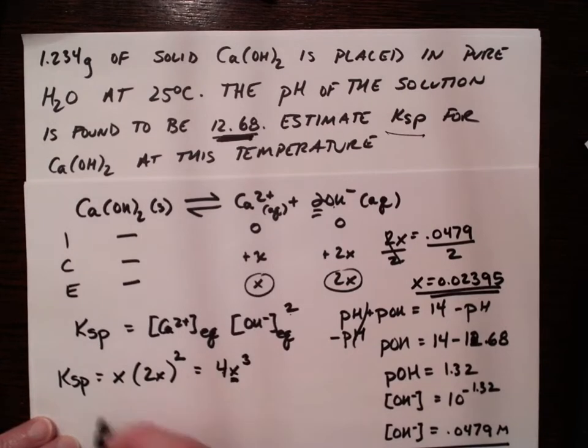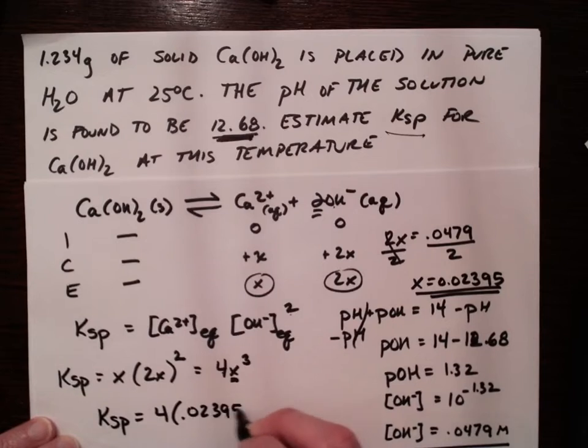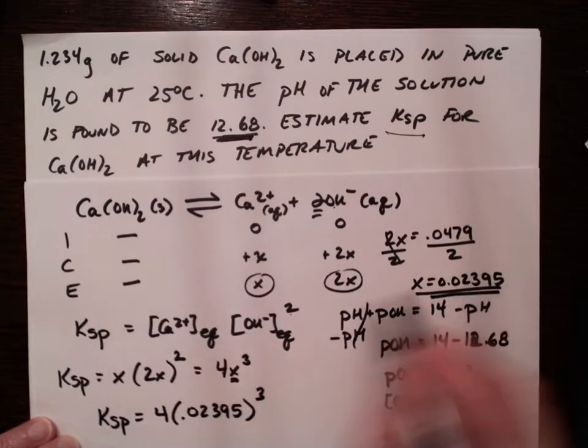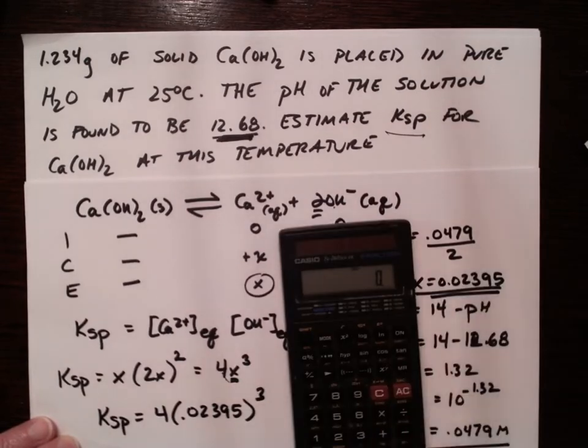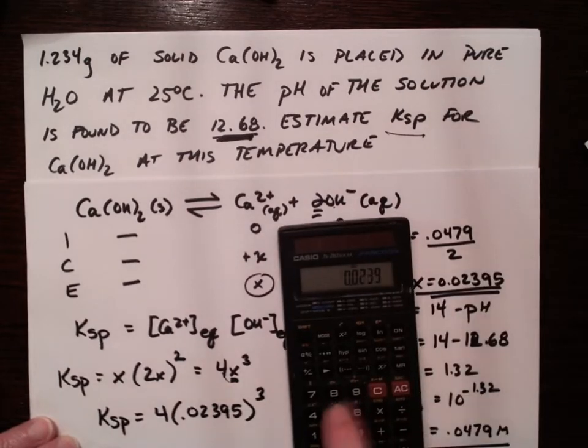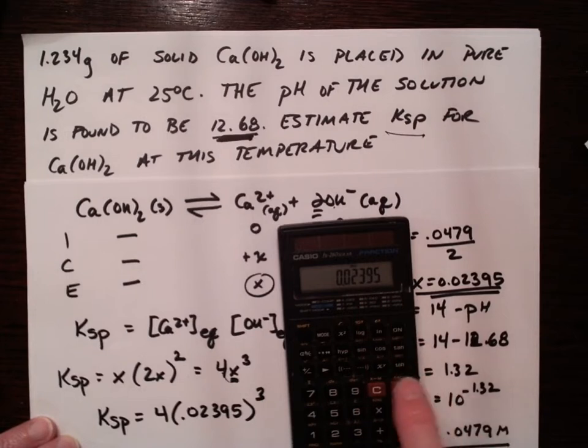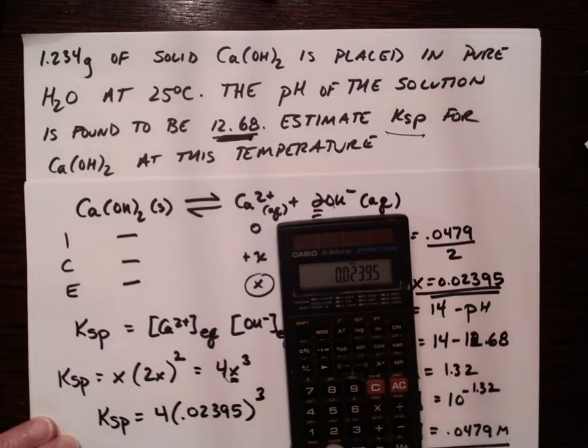So let's plug that in here. KSP is going to be 4 times 0.02395 cubed. That's my value for X. I need to cube it. I think I'm almost there. I don't see a button to cube it, so I'll just multiply it by itself. 0.02395, so that would be that squared.